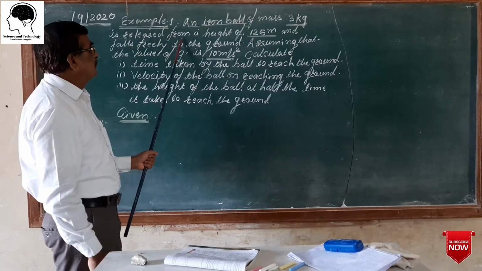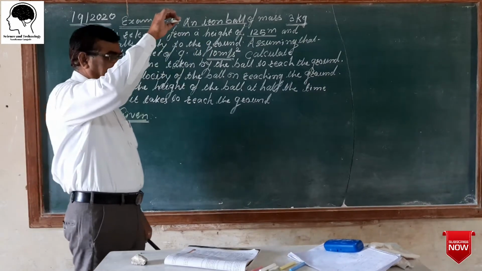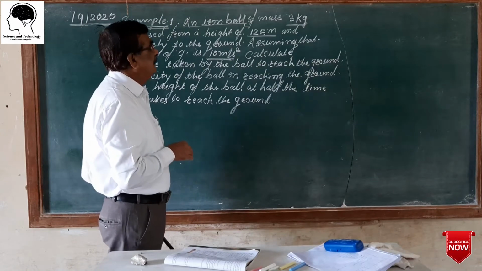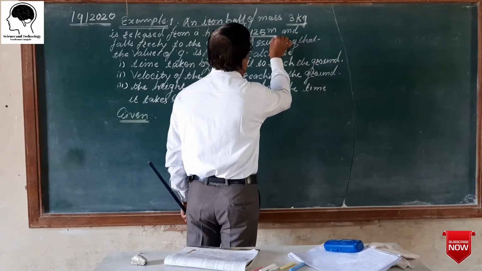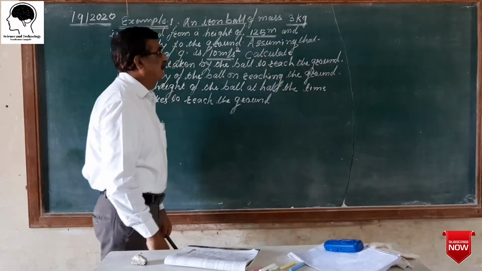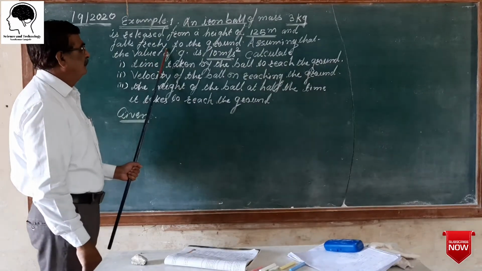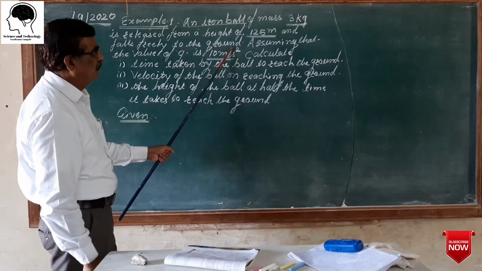It is taken above the level of the ground surface and released from 125 meters and falls freely. Free fall is considered to the ground.